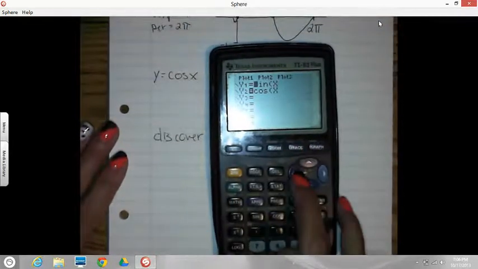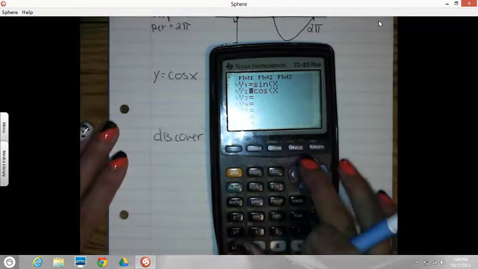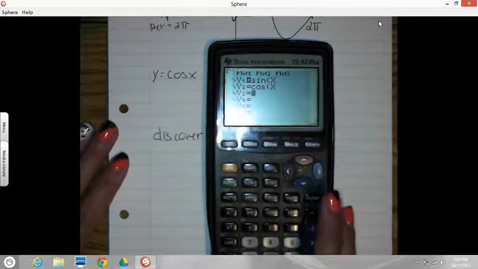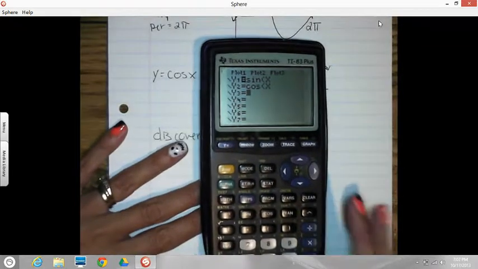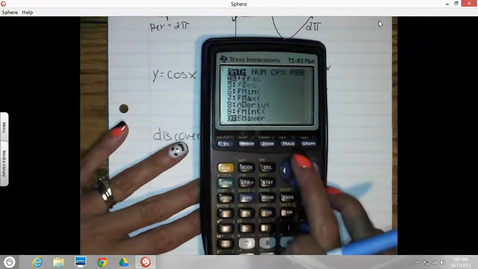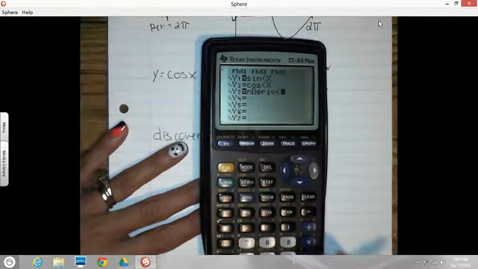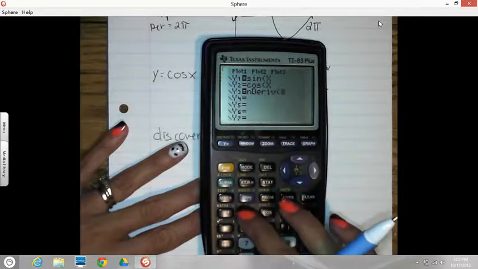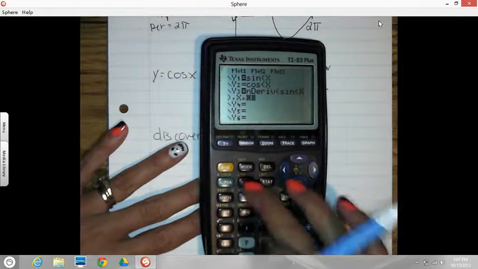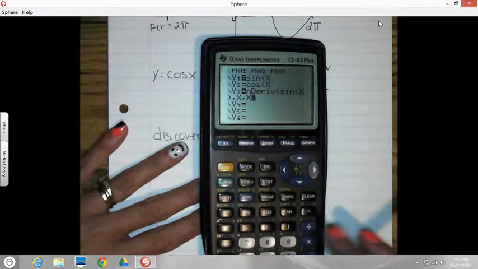I'm going to turn this one off because I don't want cosine to graph, and turn sine back on. So I want sine to graph, and then I want to see its derivative. So I'm going to go nDeriv of sine x, comma x, comma x. Remember, that'll graph all of the derivatives for every x value.